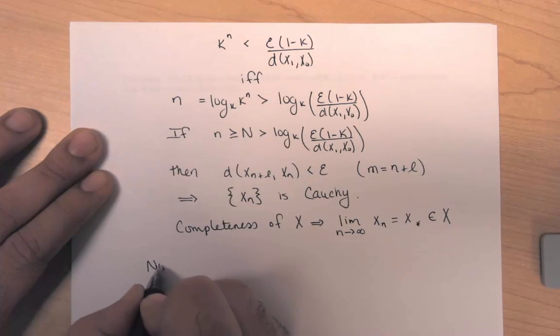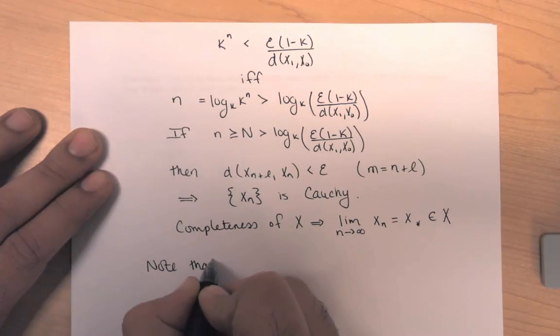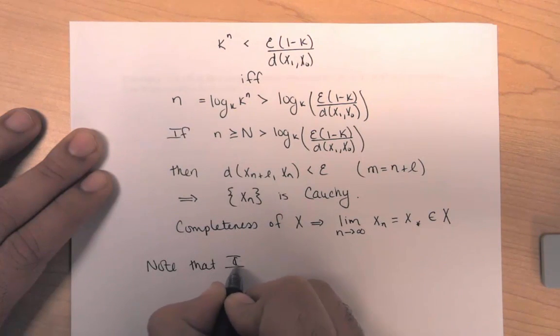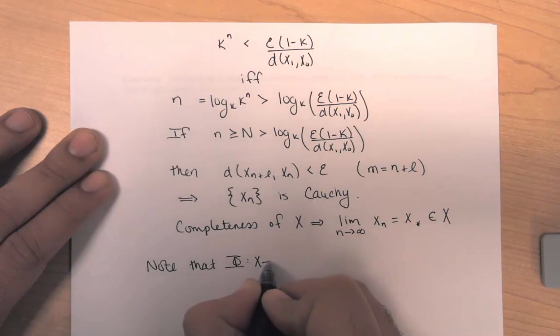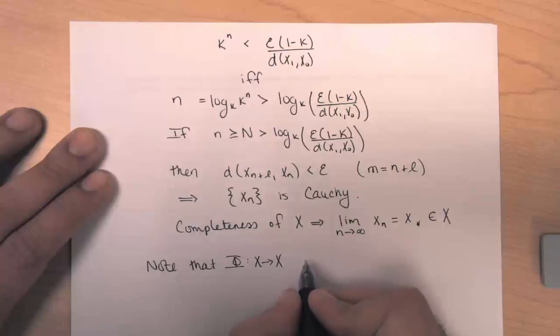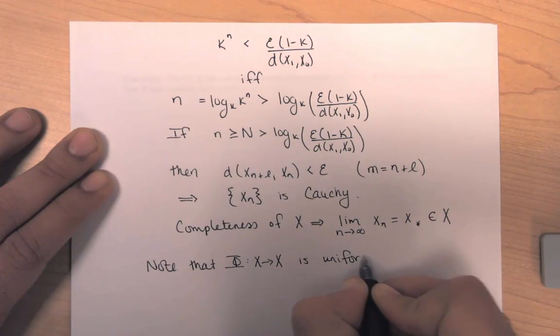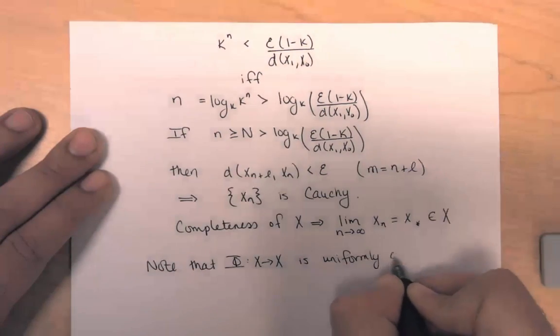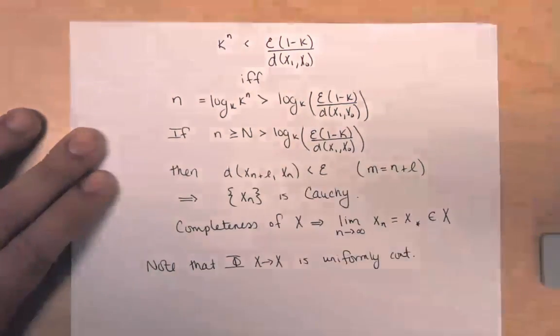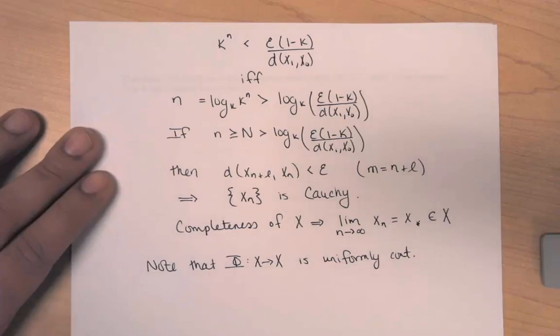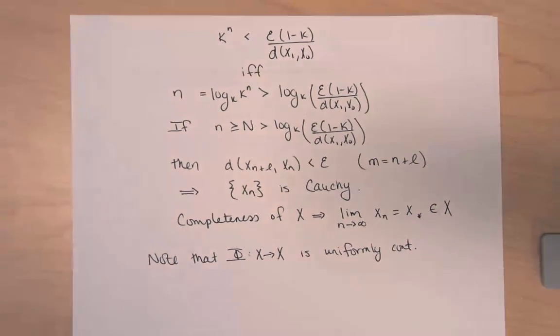Now, note that phi is continuous. In fact, it's uniformly continuous. Now, how do we know it's uniformly continuous?